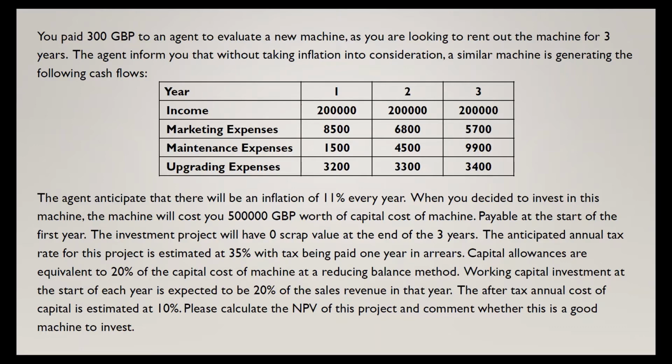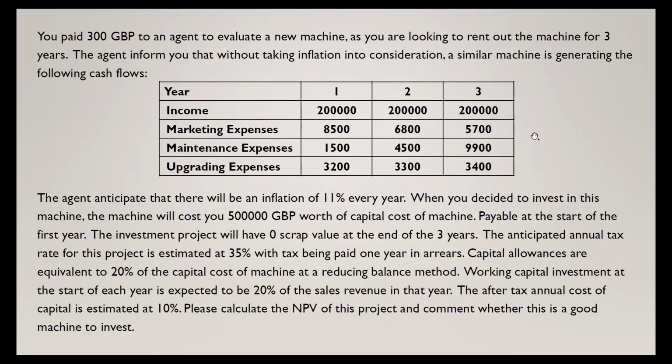So this is what we call a sunk cost, and the sunk cost will be irrelevant in the calculation of the NPV. For the second set of information, we are looking at the new machine which we are planning to rent out for 3 years. During these 3 years, we can get 200,000 for year 1, year 2, and year 3.